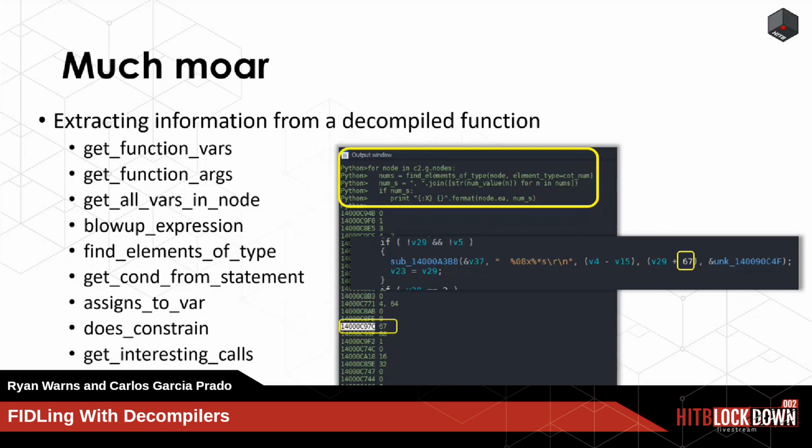This is, as I said, a very contrived example, only to show you most of the things that you're going to be using all the time. Like, I would like to search all the numbers in this function. It's already in there for you, with clear APIs like find elements of type. And in this specific example, this is probably an offset into a structure, so it's not very interesting.